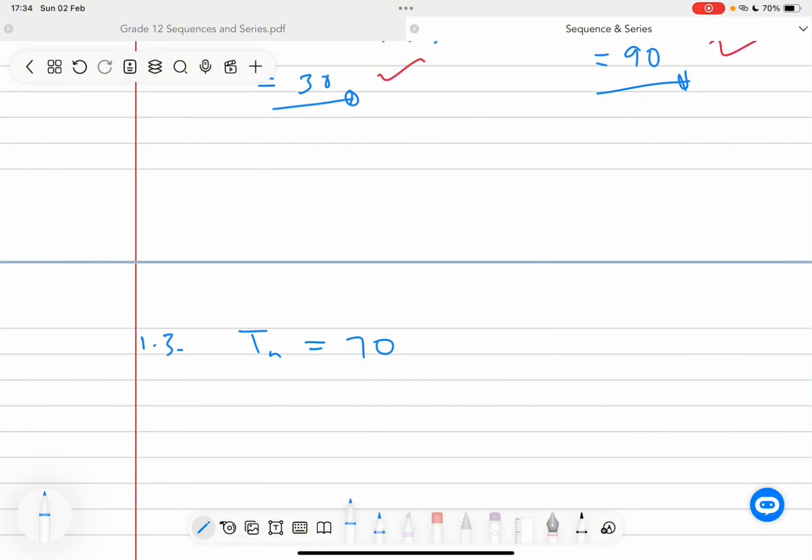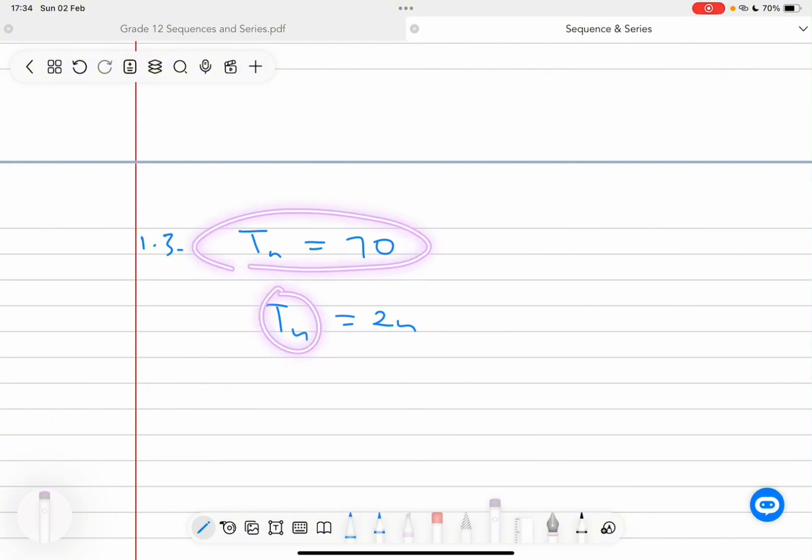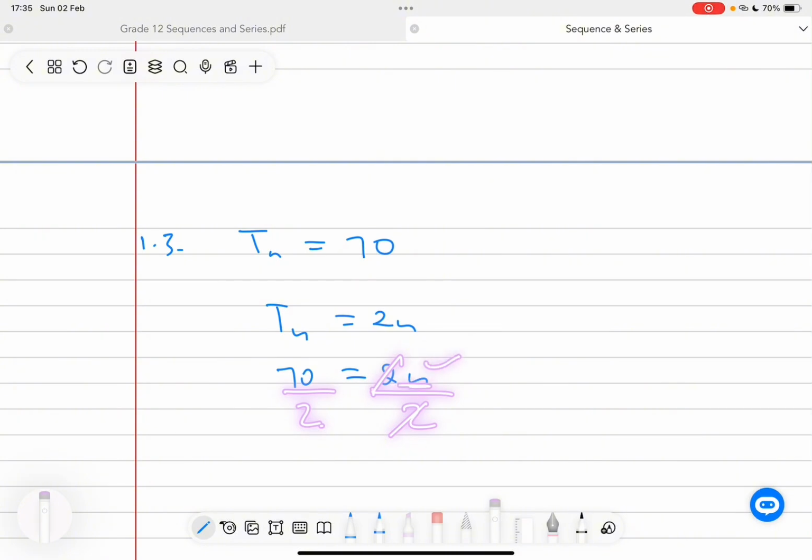Well, this is very easy to do because we're going to take our nth term, which is given by 2n, right? Tn is equal to 2n, and we are saying here that the Tn is actually 70, so that now I have 70 is equal to 2 times n. Now at this stage I'm going to divide by 2, and this 2 and this 2 would cancel, and I'm only left with n.